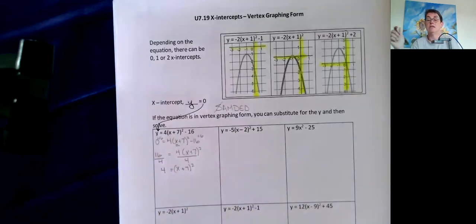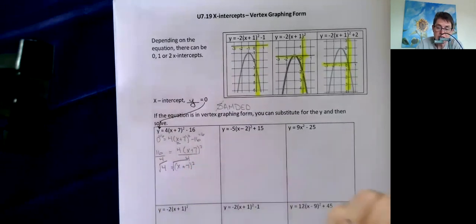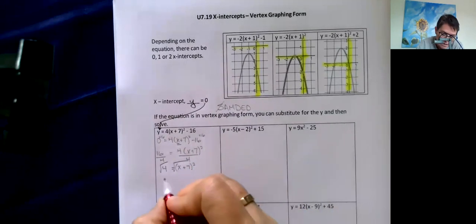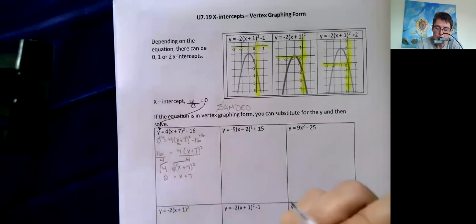Now, that part you should have been able to do with no problems, because there's nothing weird going on. I think you even should remember what happens now, because if you've done the trig section, which was like chapter 2 or 3, you're used to solving with square roots. So take the square root of each side, and we get 2 is equal to x + 7.